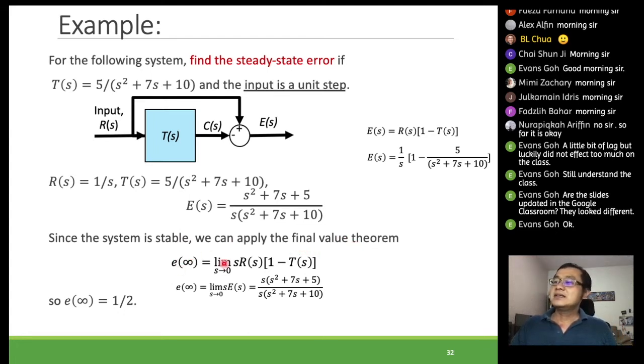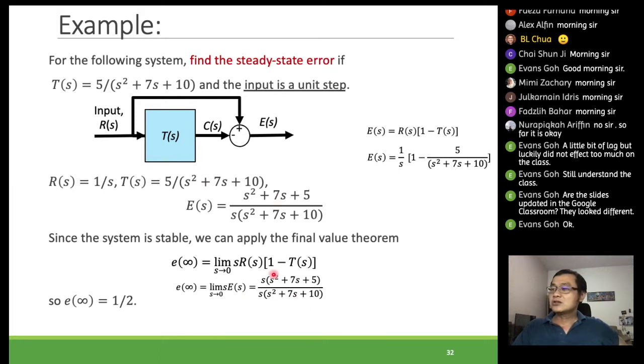When we apply this, we just put it in. The input for unit step is 1 over s, so the s and the 1 over s cancel out, and what remains is 1 minus T(s). This 1 minus T(s) is basically this one, so we just put it in, assuming we have already done our task to find the error, just substituting into each other.